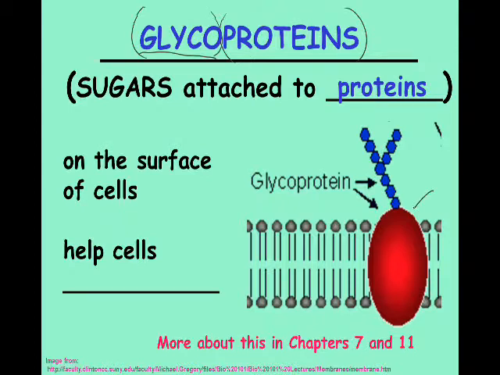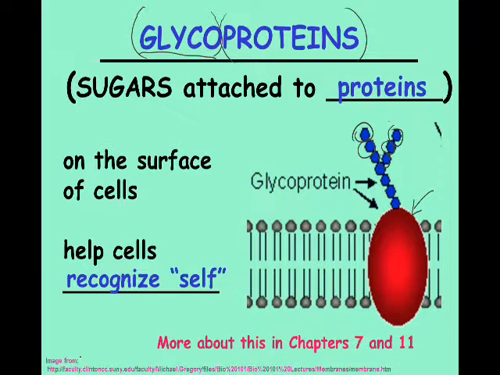And the protein part is what sits in the cell membrane, anchors the molecule. And the sugar part, remember, sugar, sugar, sugar, these little hexagons, the sugars are what sit on the outside surface of the cell, and their job, if you remember from our last slideshow, is to help the cell recognize things that don't belong.